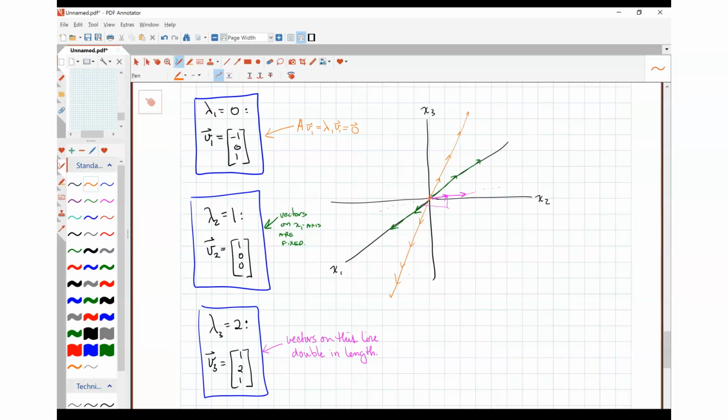So the span of this thing is actually the kernel of the linear transformation associated with this matrix. This is a big deal, right? The kernel of that linear transformation AX is the span of the eigenvectors associated with eigenvalue 0.